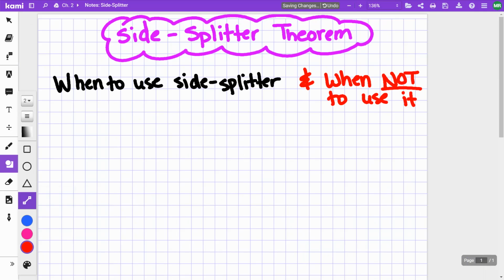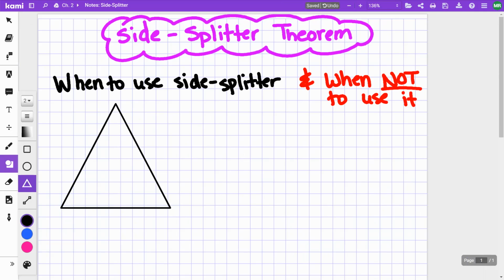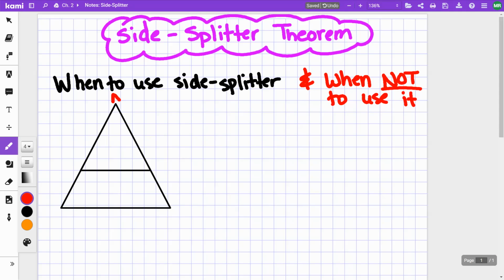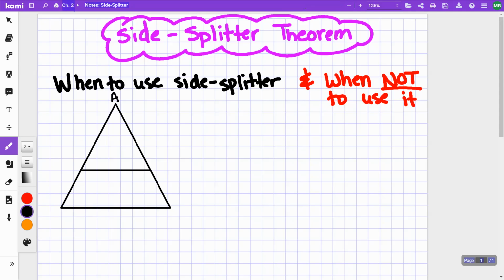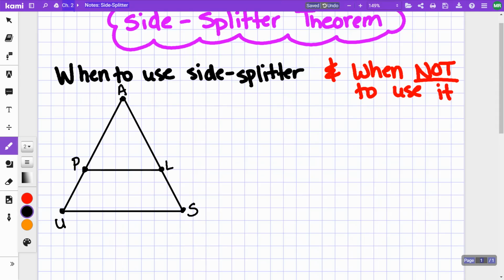So if I draw a triangle, and I'm going to split it, and I'm going to label this A. So this is going to be point A, this is point L, this is point S, this is point U, and this is point P. And so you can use the side splitter if this is actually sides being split.